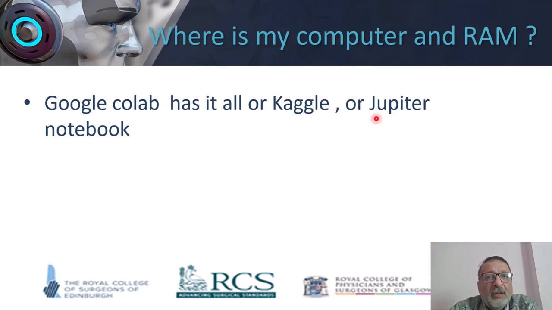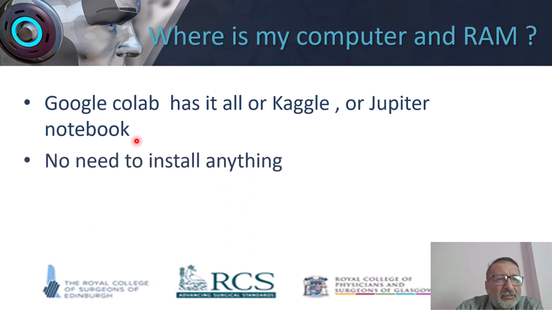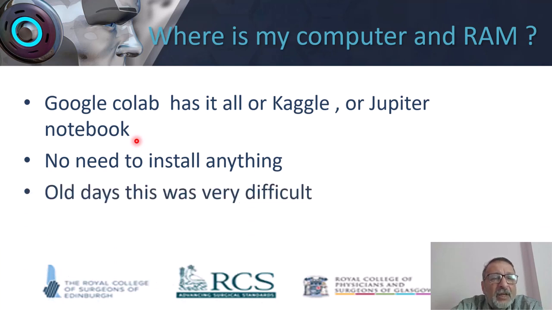In the old days, we used Jupyter Notebook, but the problem with Jupyter Notebook is that you need to install the program using Anaconda, which I don't recommend in this course. We'll use Colab and Kaggle. You don't need to install anything, just any browser is fine. You can actually do AI coding from your mobile.